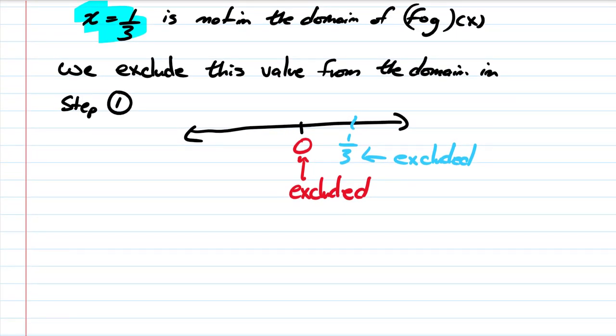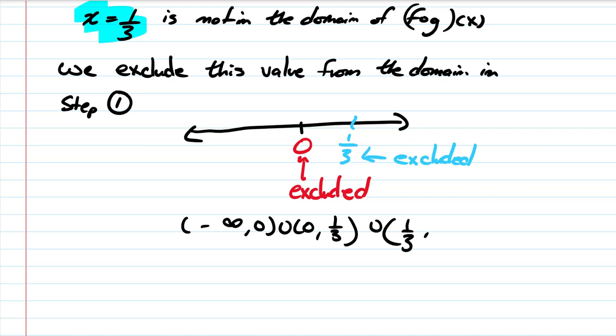So then our domain would be from negative infinity to 0, unioned with 0 to 1/3, unioned with 1/3 to positive infinity. So the 0 was excluded in step 1 when we found the domain of g, and then the remaining steps 2 and 3 were to find any other excluded values that we needed to find.